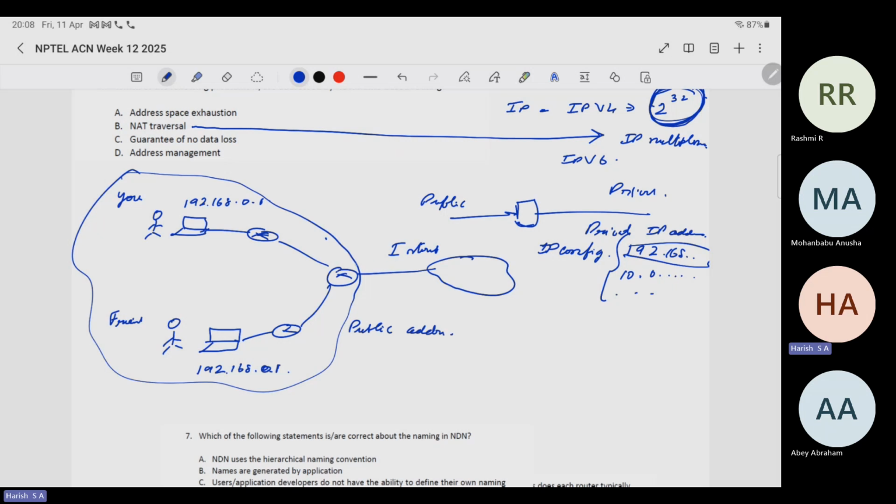Every time a packet goes out of this network, it will have the public IP address. If it comes into this network, it will get translated into its private IP address. So these are all private IP addresses.